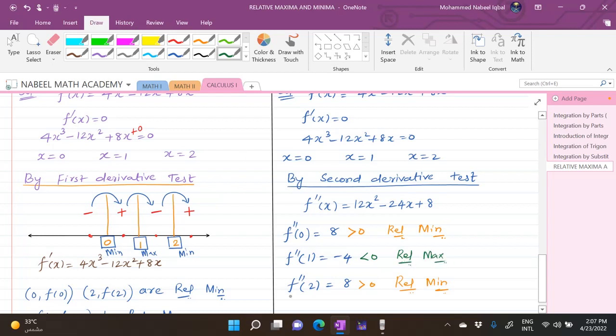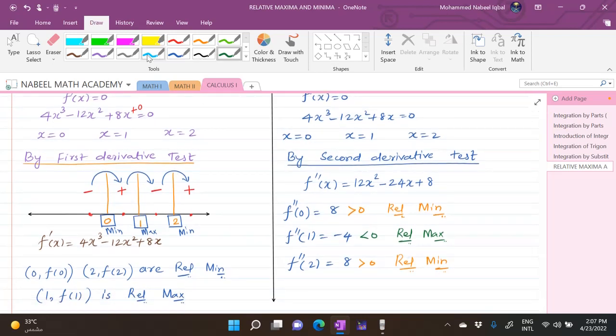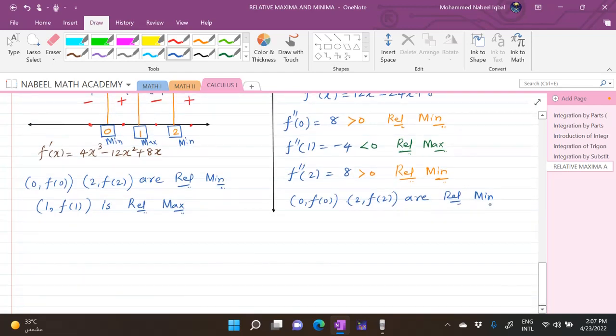If you want to write the points, you will find two values here. 0 comma f of 0 and 2 comma f of 2 are relative minimum, and the only relative maximum is 1 comma f of 1.